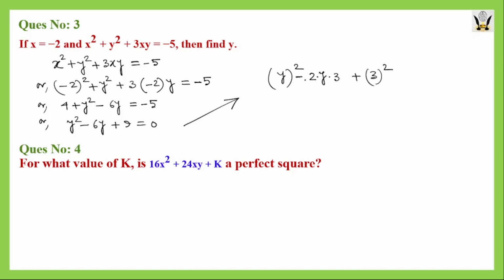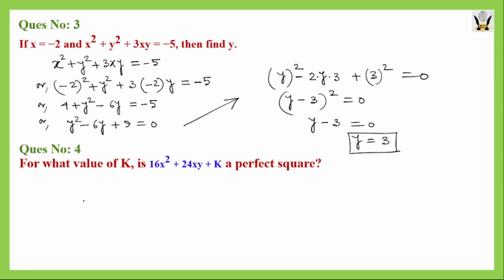So 3 twos are 6, minus 6y, and that is given in the expression as the middle term. So this can be represented as y minus 3 whole square, and that is equal to 0. So we can say that y minus 3 is equal to 0, and from here we can conclude that y will be equal to 3.